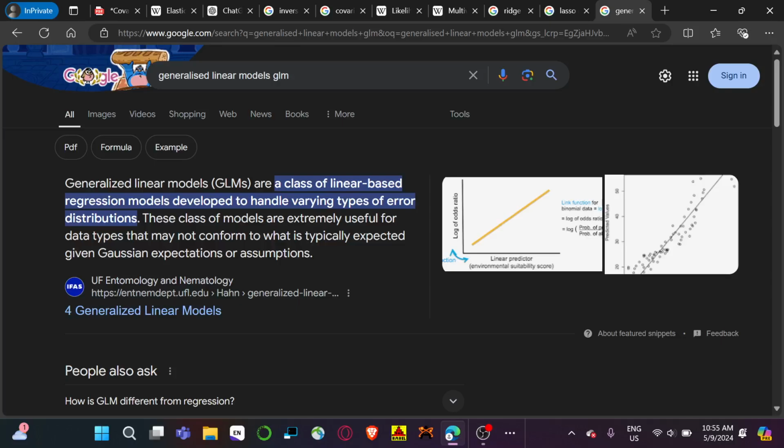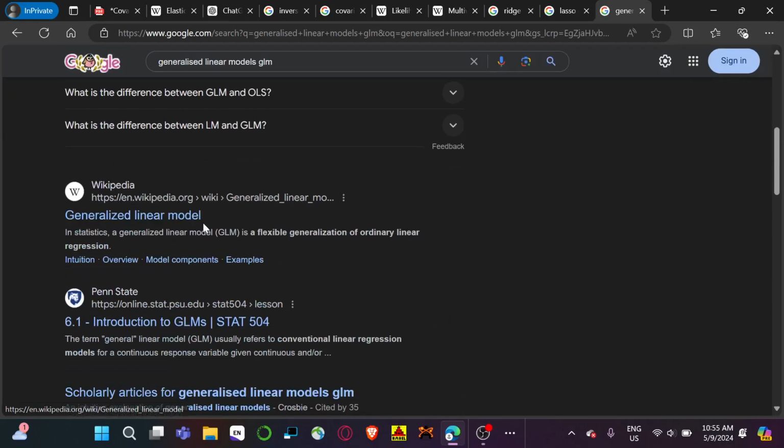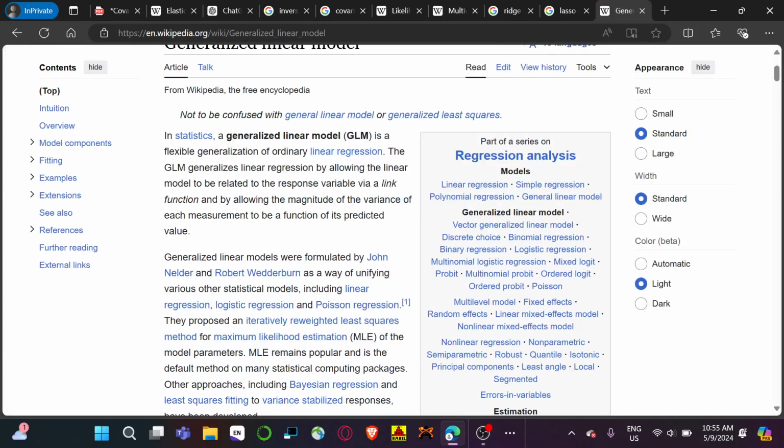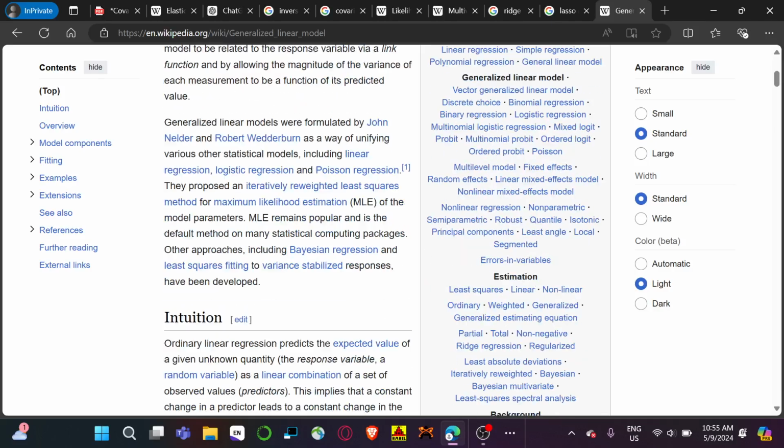So it is very useful if the data is not giving you Gaussian behavior. Okay, it's a generalization of linear regression by allowing the linear model to be related to the response variable y using a link function, and allowing the magnitude of the variance of each measurement to be a function of its own predicted value.